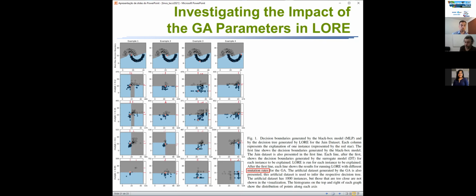If you have a larger population size, we need more time to run the results, so we need to wait more to have a decision. I think the method is good to explain, but it's not good if you need to explain a decision in seconds. If you have minutes, it's okay, no problem, even with a large population size.